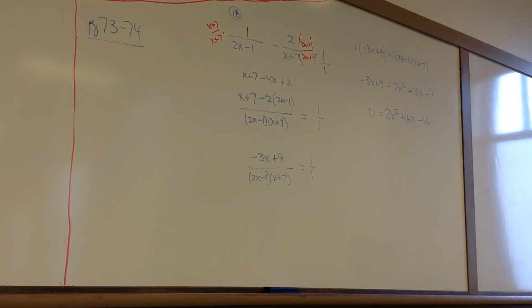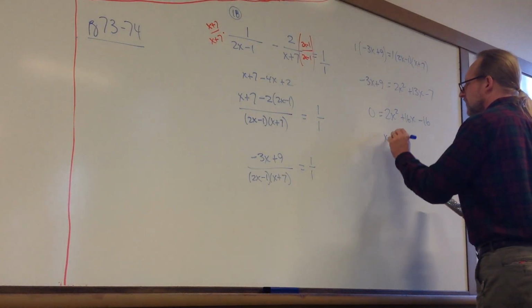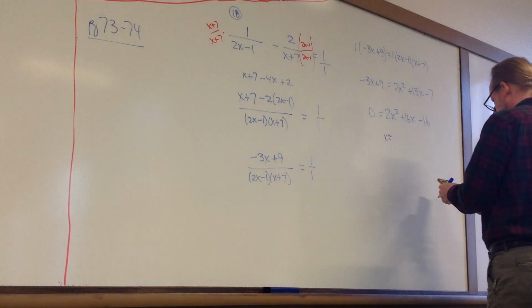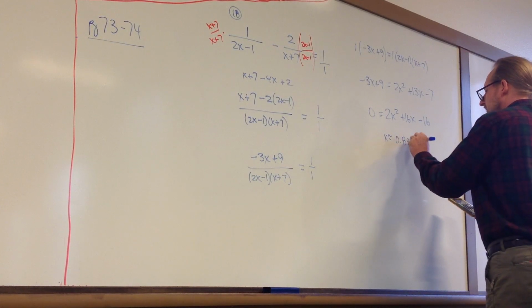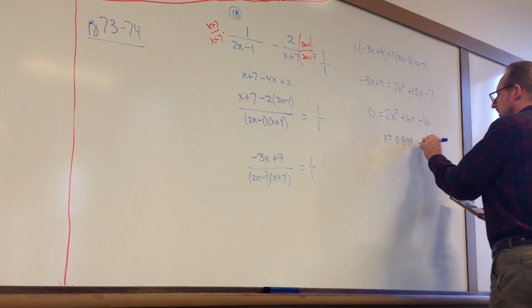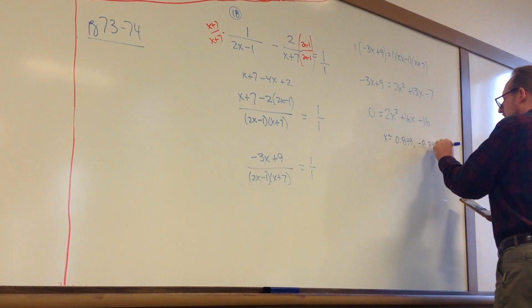It doesn't really make a whole lot of difference. We can just run this through the quadratic with a is 2, b is 16, c is negative 16. And here we get x is approximately 0.899 or negative 8.899.